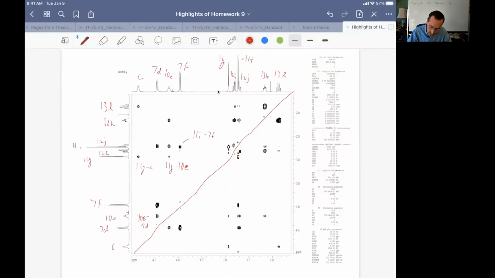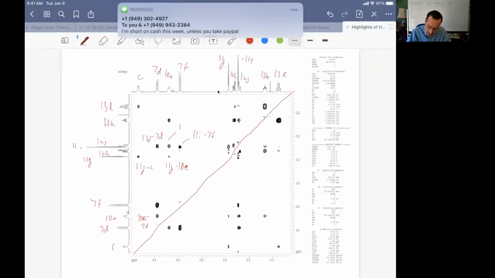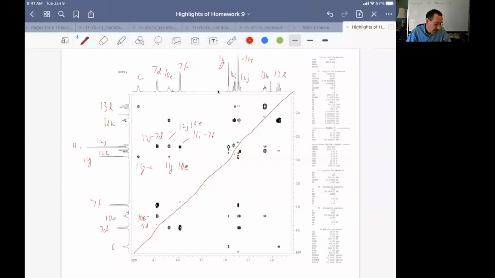And this, of course, will start to make sense to you. 12J with 7D. This will start to make sense to you as you've wrestled with these various cross peaks, 12J with 10E, so on and so forth.